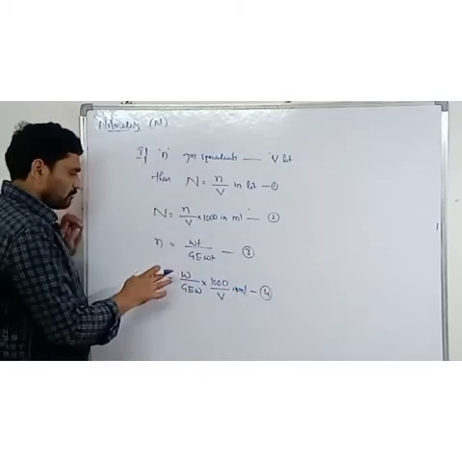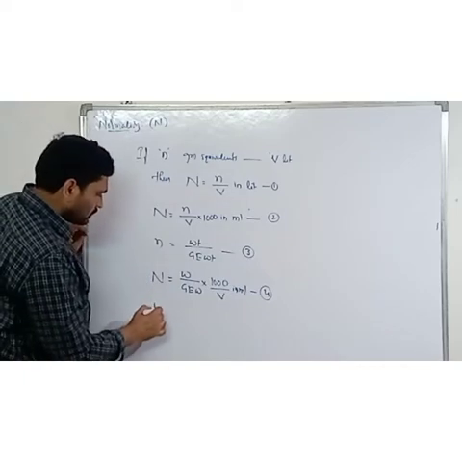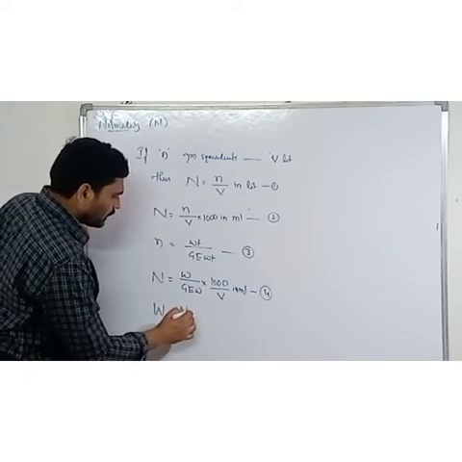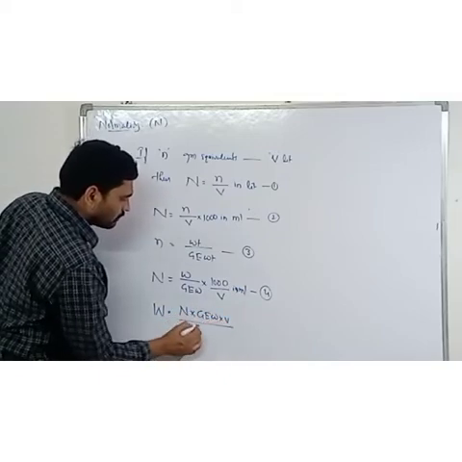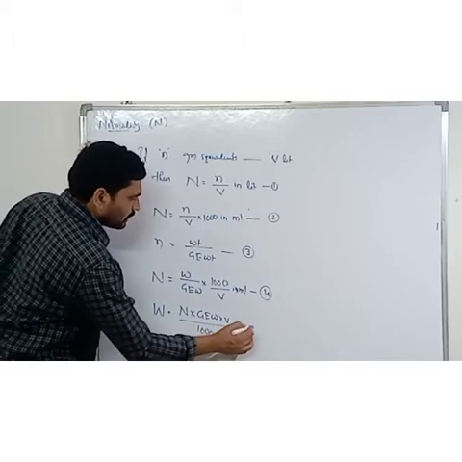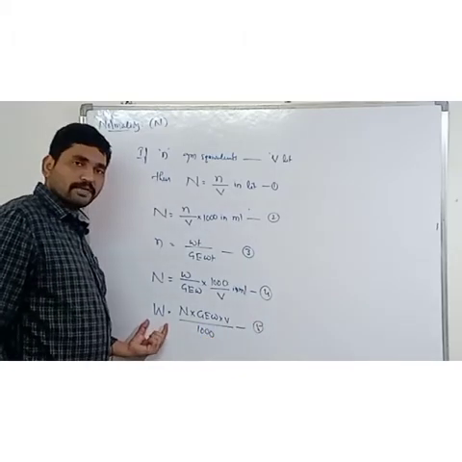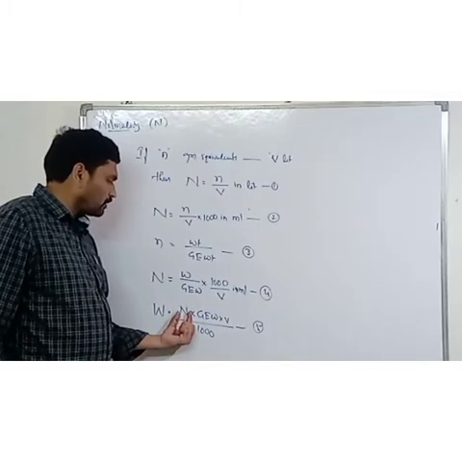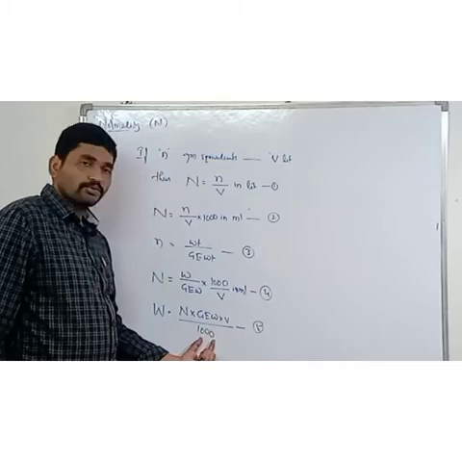Next, if the weight calculation is asked, what is the formula? W equal to N into GEW into V by 1000. It is equation 5. So for weight calculation, normality into gram equivalent weight into volume of solution by 1000.